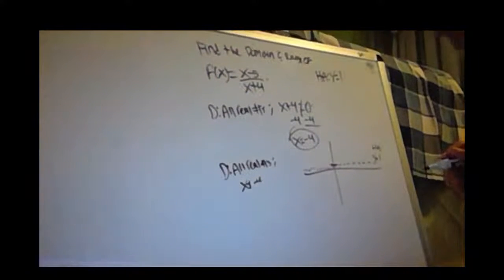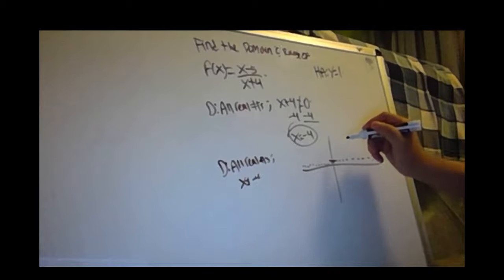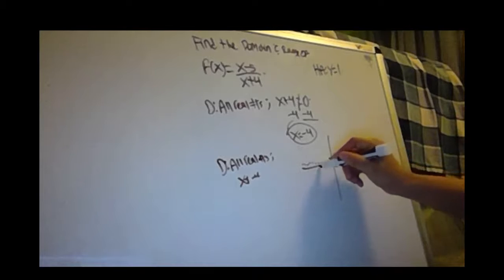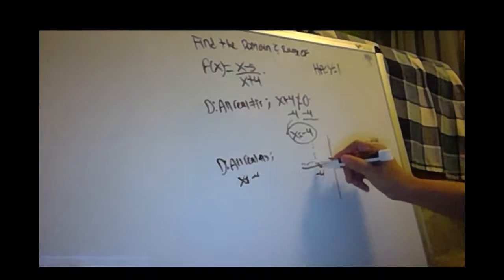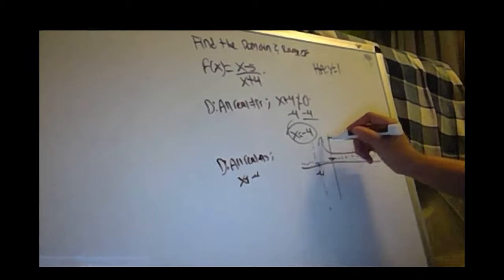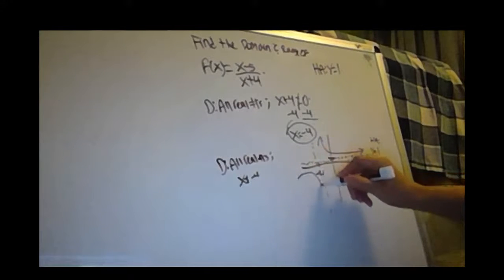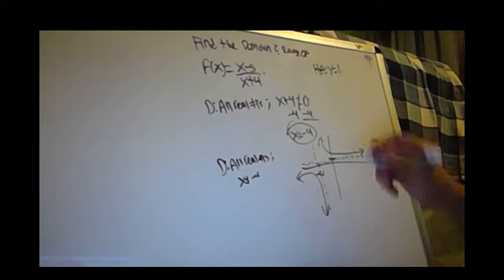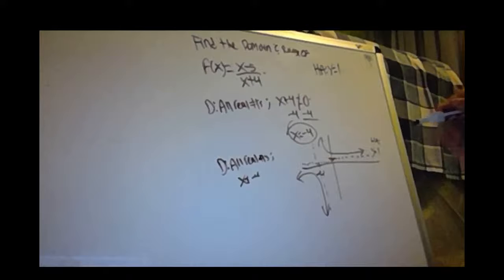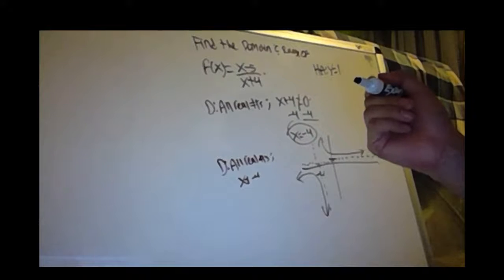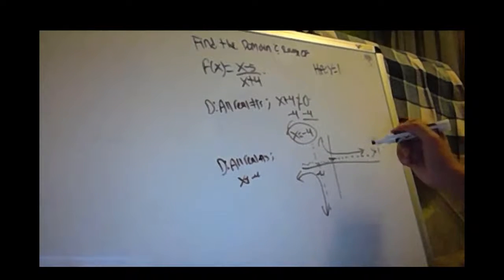And then the vertical asymptote is x equals -4, so we have something like this, right? And then this other part goes like this. You have to remember the basic sketch of a rational function. If not, you can do a few points and then you'll obviously understand how it looks.